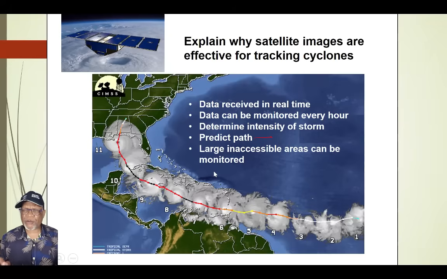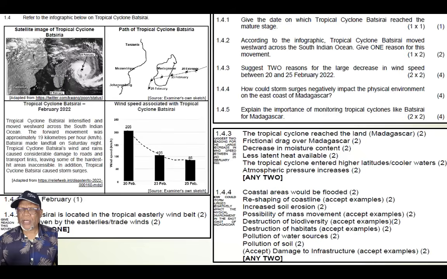Satellite images are not on the surface; they are in space. So it's easy to monitor whatever is happening on Earth when you look at it from space. Now, here are some of the examination questions that you can expect to get.